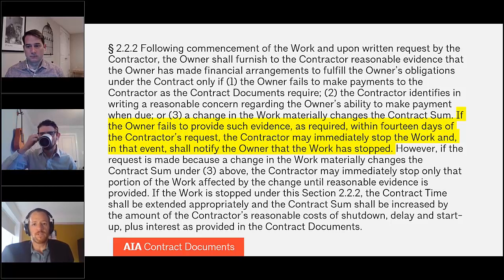So if we can distill something of a rule, it sounds to me like if there's a good faith dispute over whether the evidence that the owner has provided is reasonable evidence, then, if you look further into the A201, into Article 15, that dispute is classified as a claim, and during a pending claim, there is an obligation for the contractor to continue performance of the contract until that claim is resolved. Mike, is that the way you see this working?